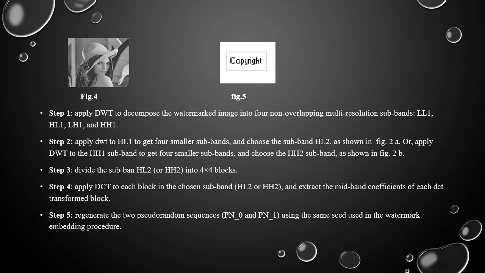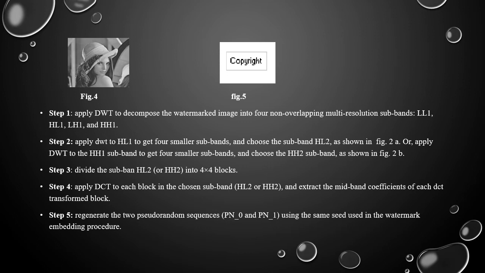Decompose the watermarked image into 4 non-overlapping multi-resolution subbands LL1, HL1, LH1 and HH1. Step 2 is to apply DWT to HL1 to get the smaller subbands and choose the subband HL2. Or we can apply DWT to the HH1 subband to get another 4 smaller subbands and choose HH2 as the subband. That we already saw in figure 2 A and B.